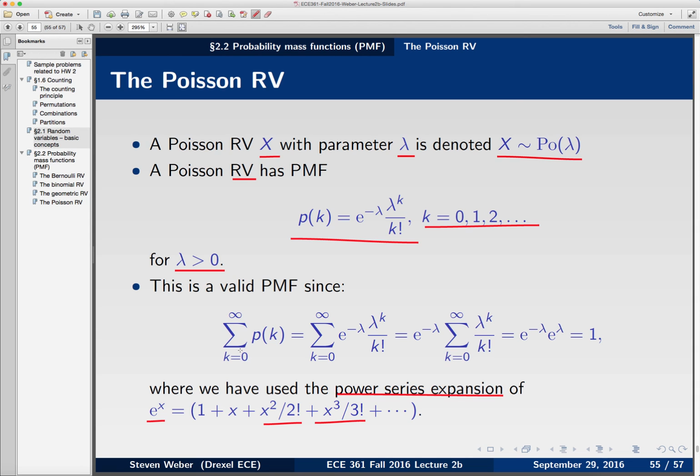We sum from k equals 0 to infinity the components p of k, substitute in the form for p of k, and identify that e to the minus lambda does not depend upon k and therefore can be pulled out. And now we have the sum from k equals 0 to infinity of lambda to the k over k factorial. Treating lambda as x in our power series expansion, we get e to the minus lambda times e to the lambda, which equals 1.